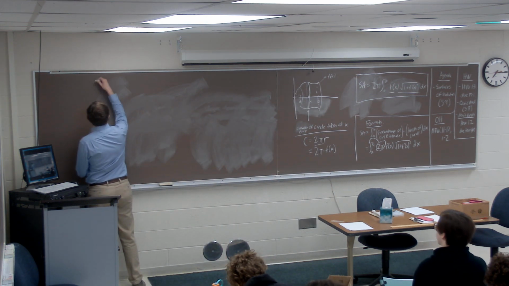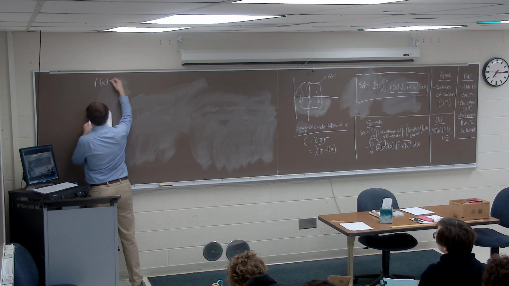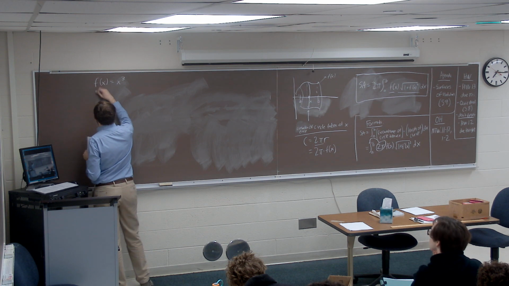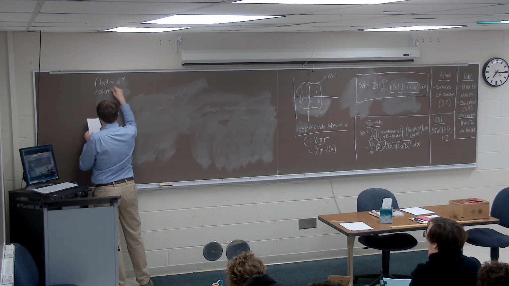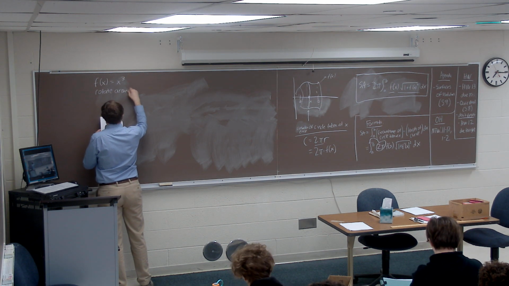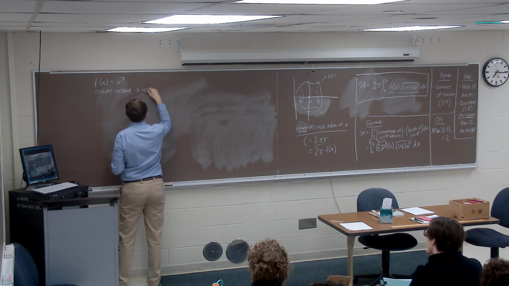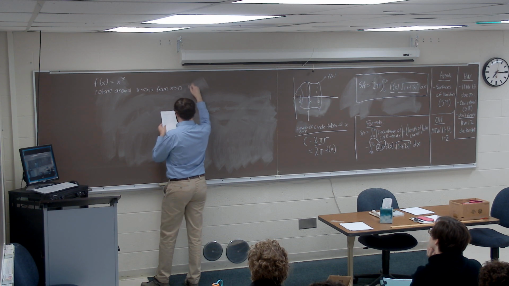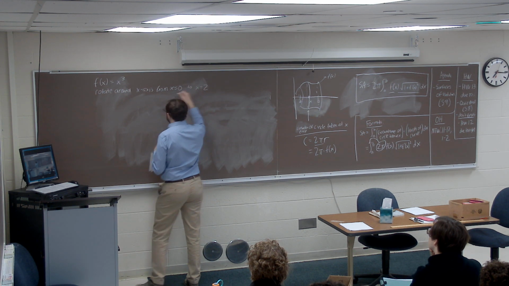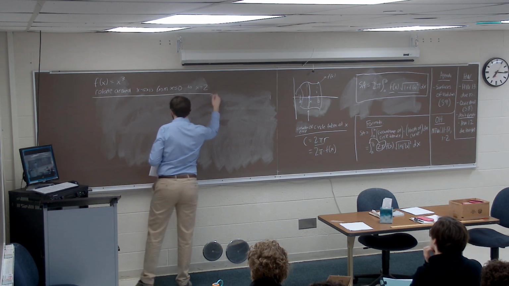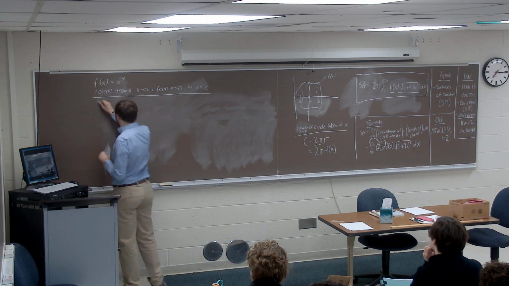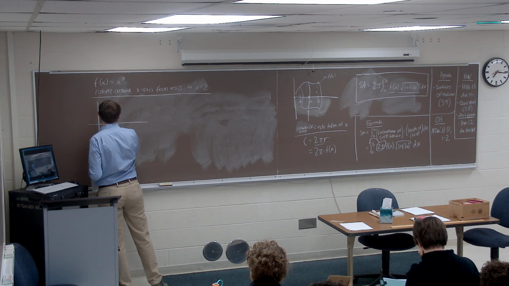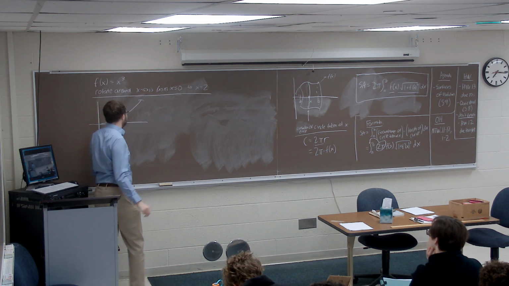So let's start by looking at the function f of x equals x cubed, and we're going to rotate around the x-axis from x equals 0 to x equals 2. So f of x equals x cubed looks something like that.